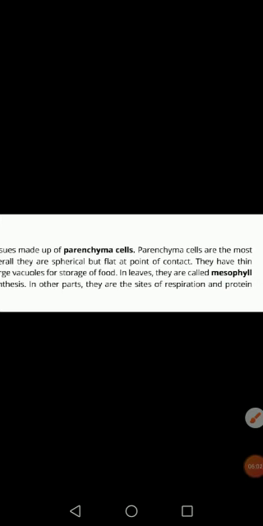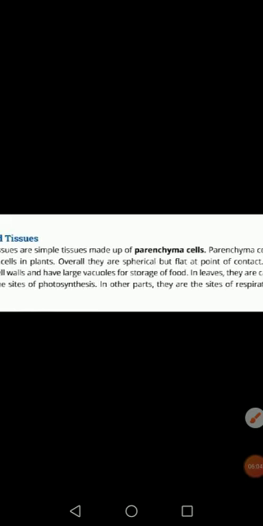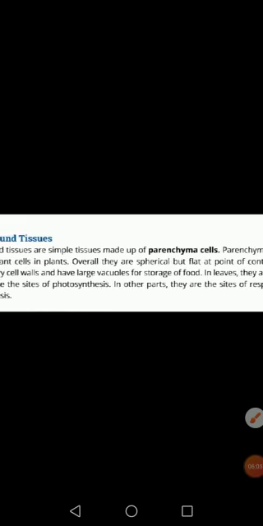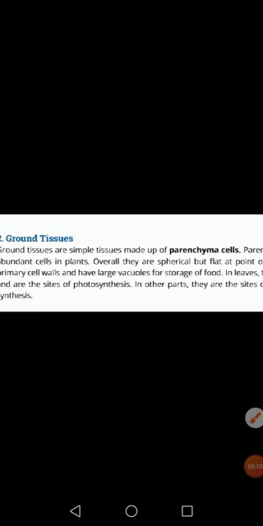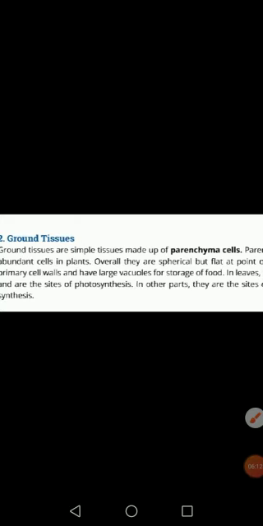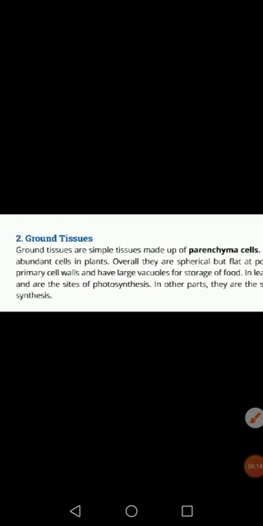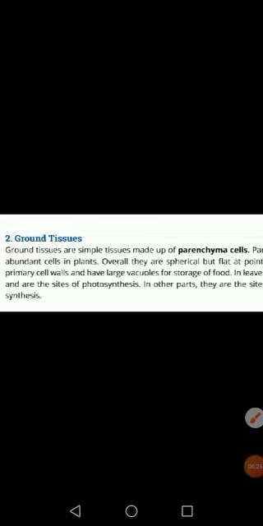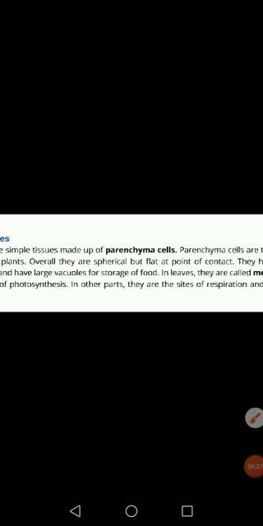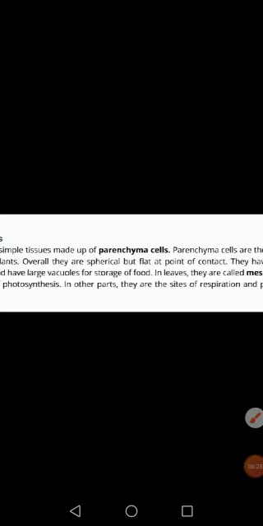In different other parts of the plant, they are responsible for respiration and protein synthesis. So in different parts of the plant, ground tissue performs different functions. For example, in leaves, they form mesophyll cells, and these are responsible for photosynthesis, and in other parts they are responsible for respiration and protein synthesis.